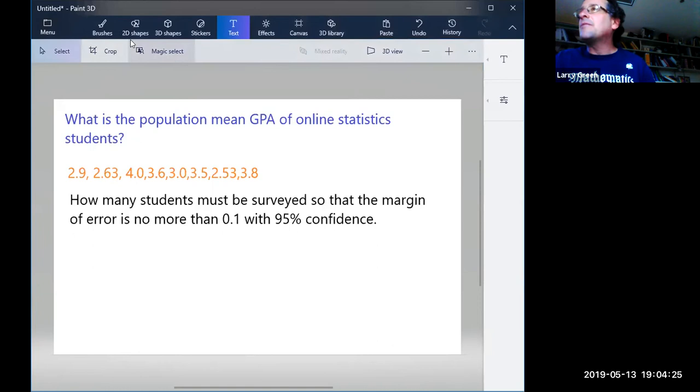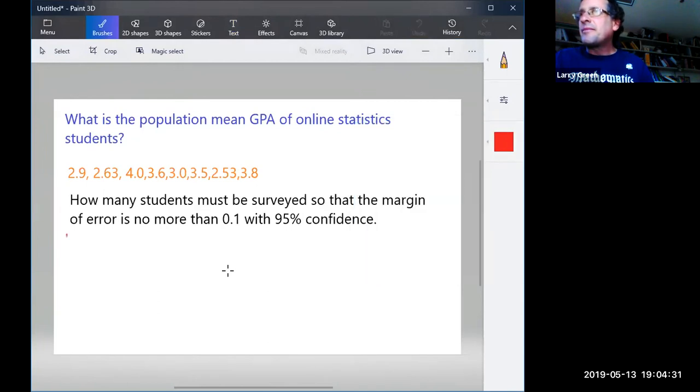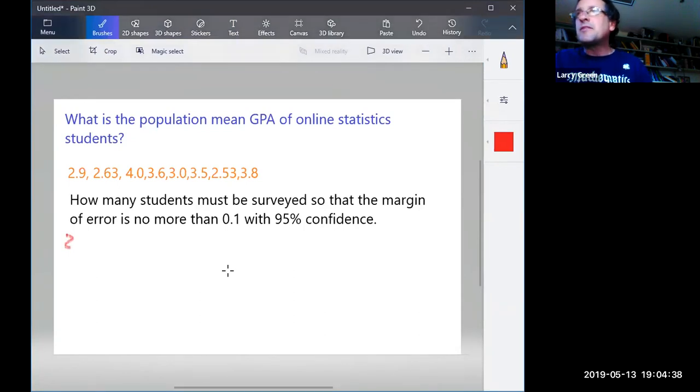You know what? I want to do pen because it has messy stuff. And that is, oops, that was my mistake. One more time. So first thing, how many students must be surveyed? That's a sample size question. Do you agree? And N is the sample size.